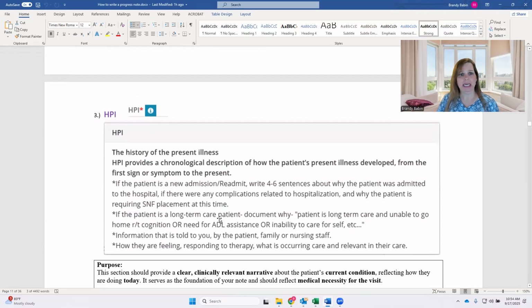Your HPI, that is the story of what's going on with your patient. So a portion of that is your hospitalization record. So if you are documenting 4 to 6 sentences about why the patient was admitted and you put that above under the hospitalization record, don't copy it into your HPI.